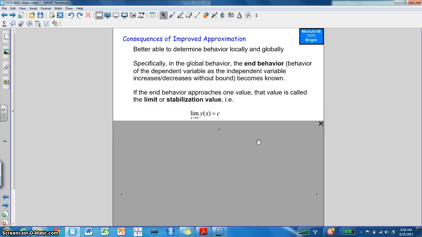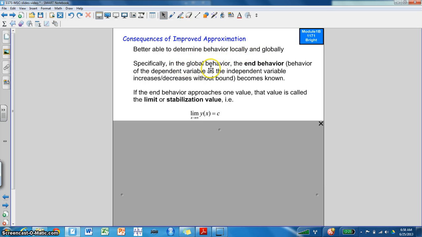Now, in theory, that takes a lot of computation, and so that's why we utilize computers for this stuff. Using Excel is a great tool, not as powerful as some other tools available, but still a good tool. And so if we do this improved approximation, like I said, we get better behavior locally and globally.